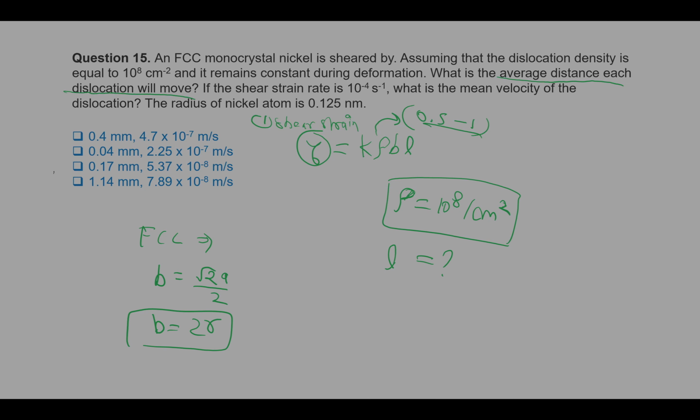Then next, they're asking the mean velocity of the dislocation. For that the formula is simply like this. The shear strain rate is equal to rho, dislocation density, into B, Burgers, square, into V, that is called velocity, mean velocity.